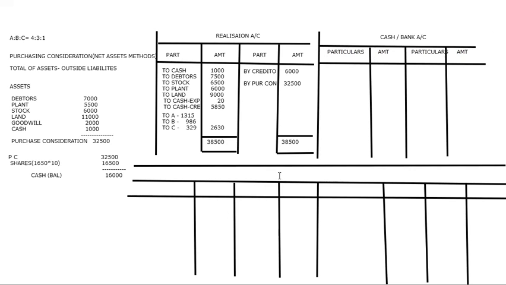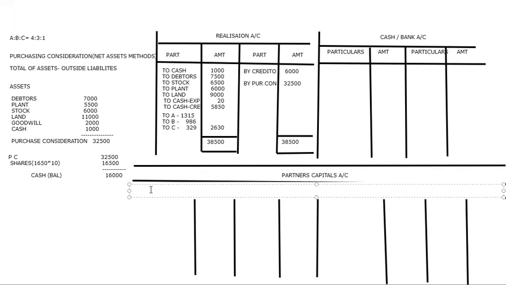Then here it's the partners' capital account. So how many partners are there here? We have A, B, and C. So that is particulars A, B, C. A, B, C.